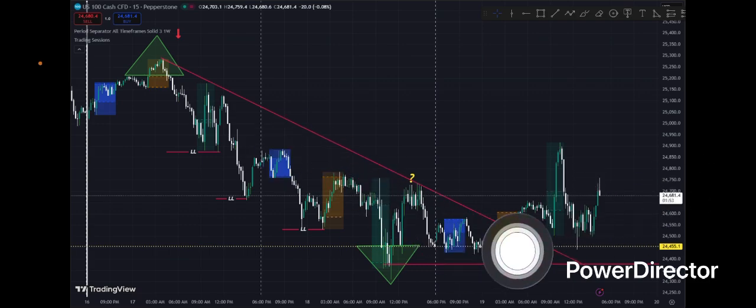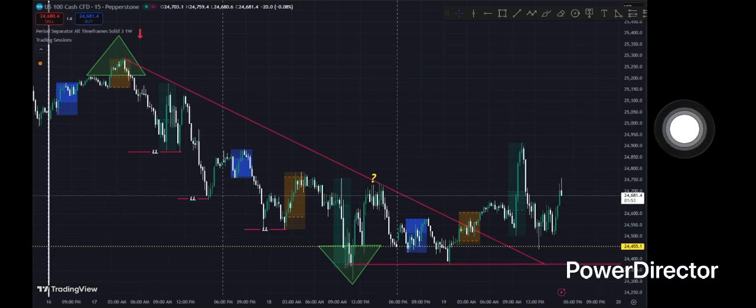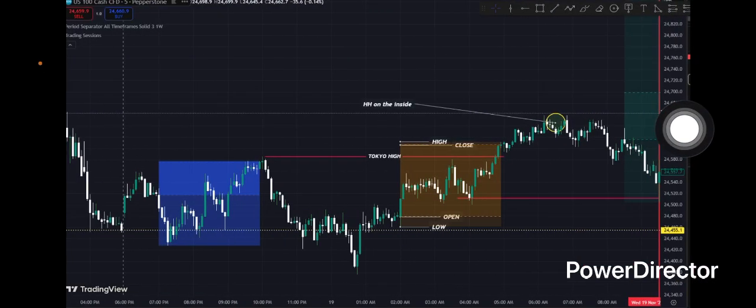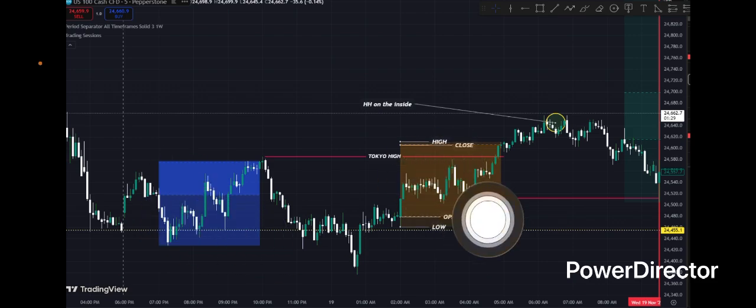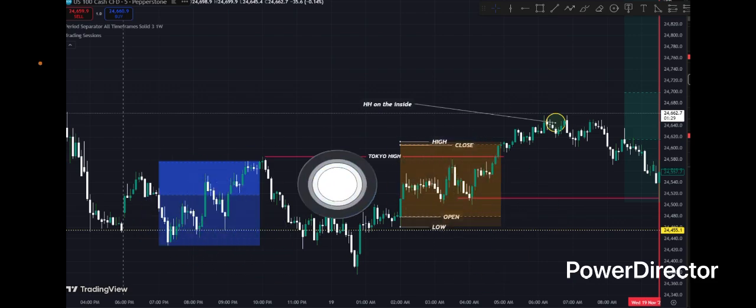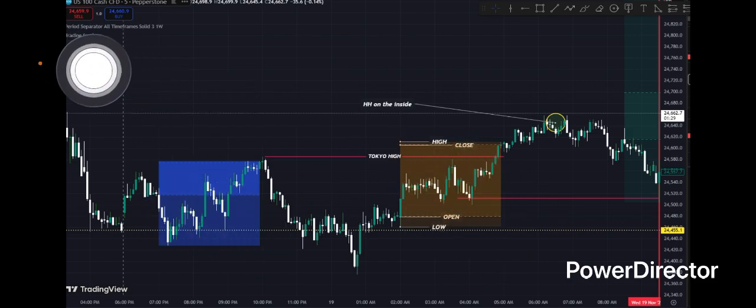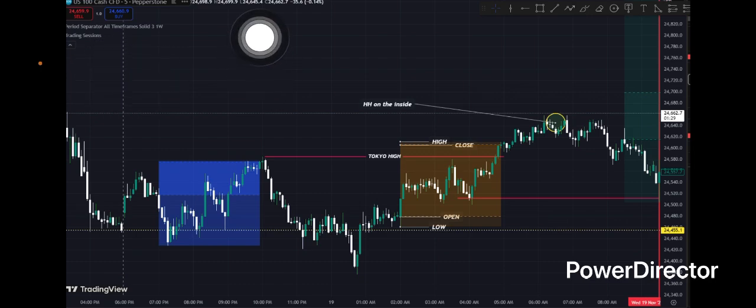Now here on Wednesday itself, we have our Tokyo session and our London session. This indicator that I'm using is called trading sessions. If you go into the drop-down menu in TradingView for the indicators and type in trading sessions, this will be the first indicator that's listed.